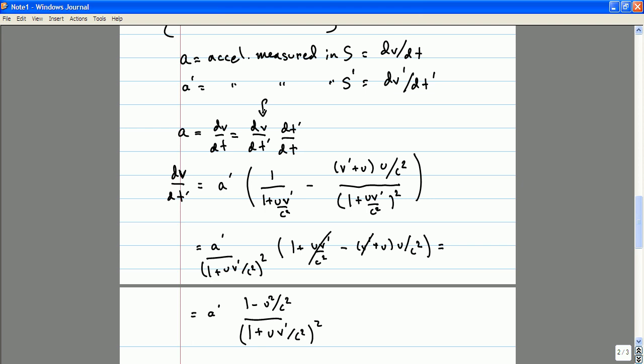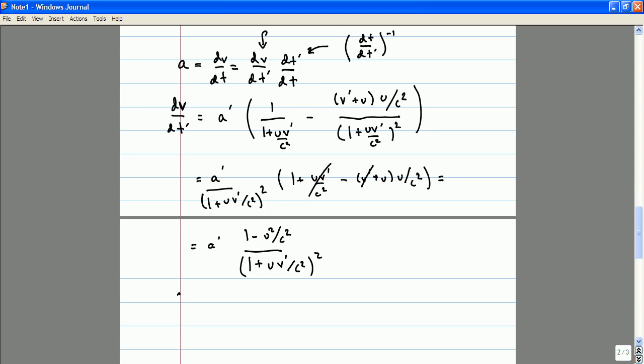In order to determine the other term, which is this term here, dt prime by dt, we just have to remember that this is the inverse of dt by dt prime. And dt by dt prime, using the Lorentz transformation rule, t is gamma times t prime plus u over c squared x prime.